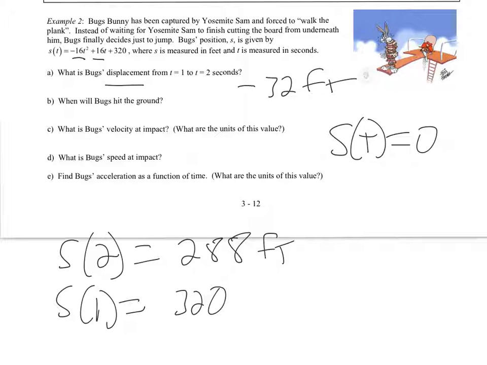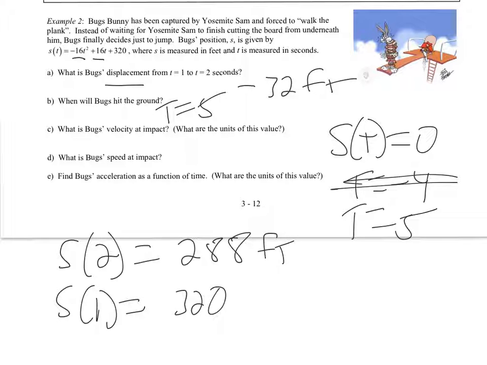So A is negative 16, B is positive 16, C is 320. So my calculator is telling me t equals negative 4, t equals positive 5. Well, we aren't going backwards in time, so that negative 4 is an extraneous root. So the only place we're going to deal with it is 5. So when t equals 5, Bugs hits the ground.